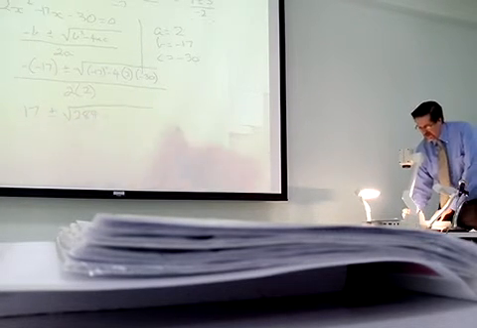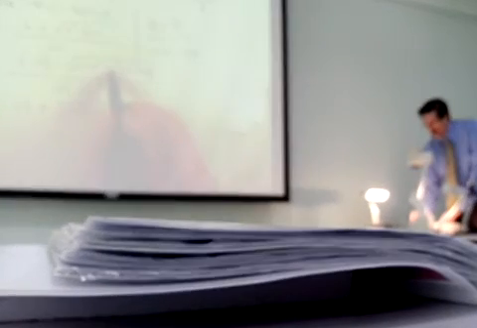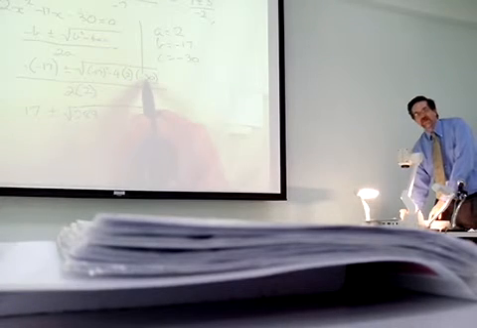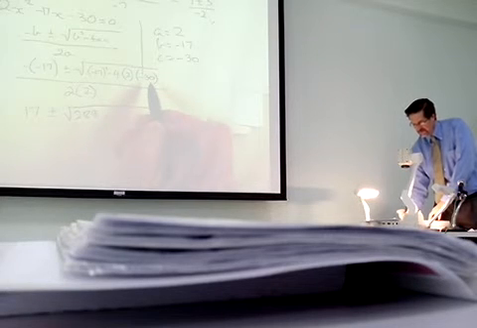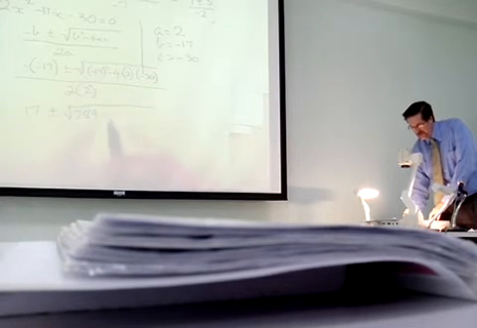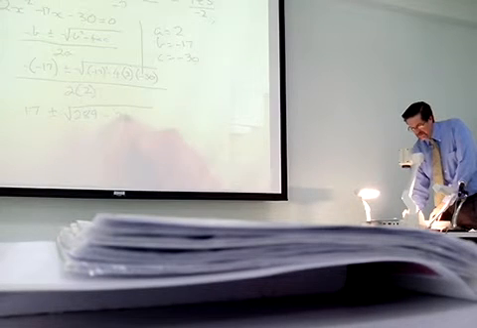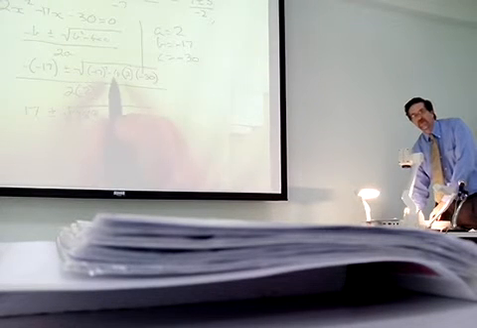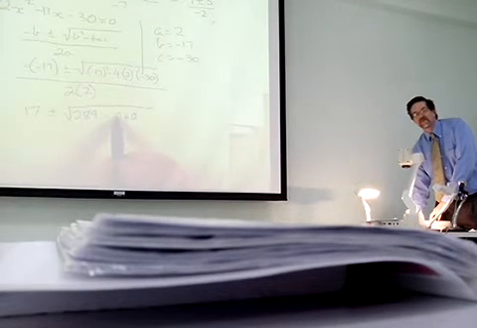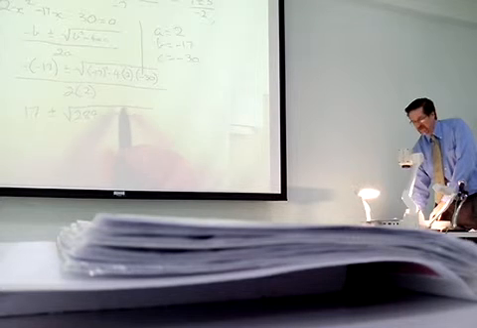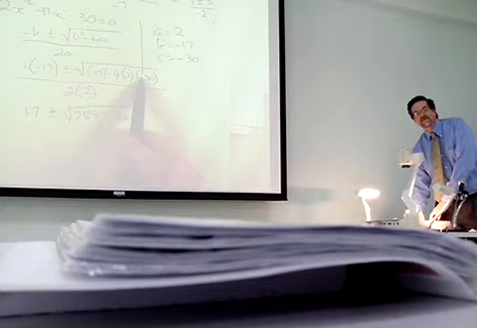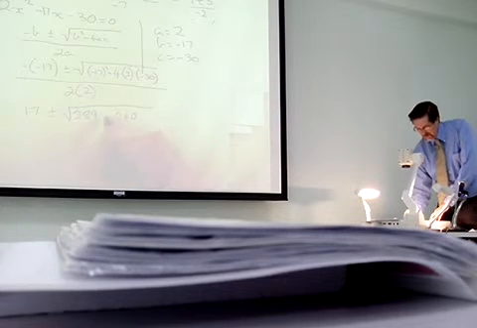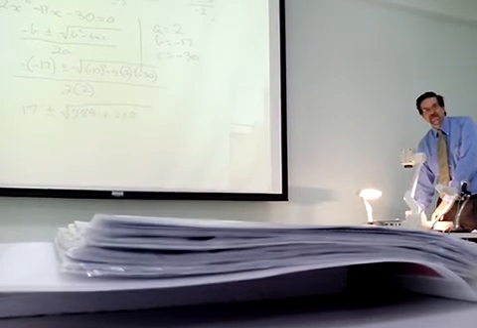And then 4 times 2 is 8, times 30 is 240, right? Is it plus or minus 240? Minus. Plus or minus? So it's that, right?